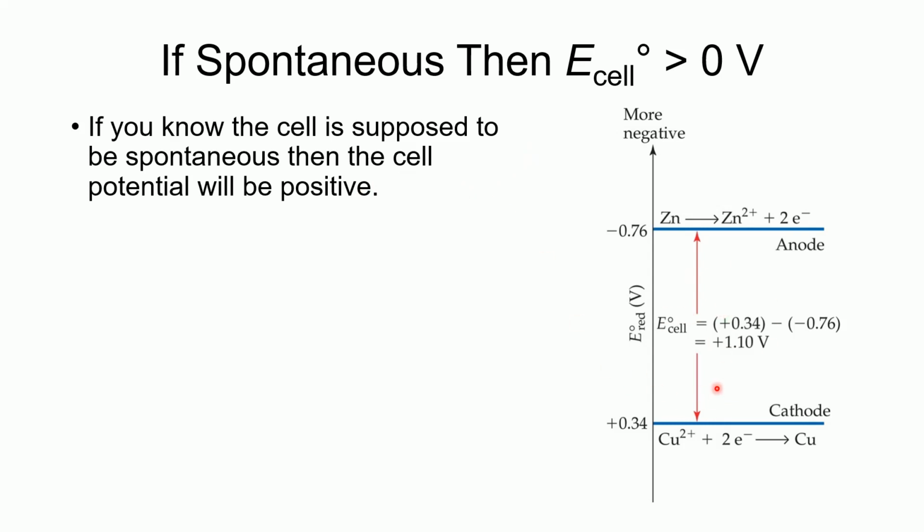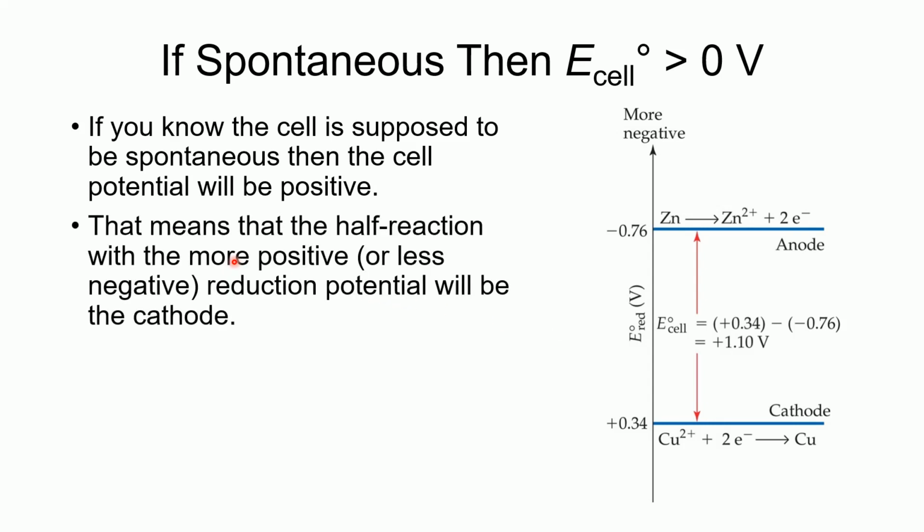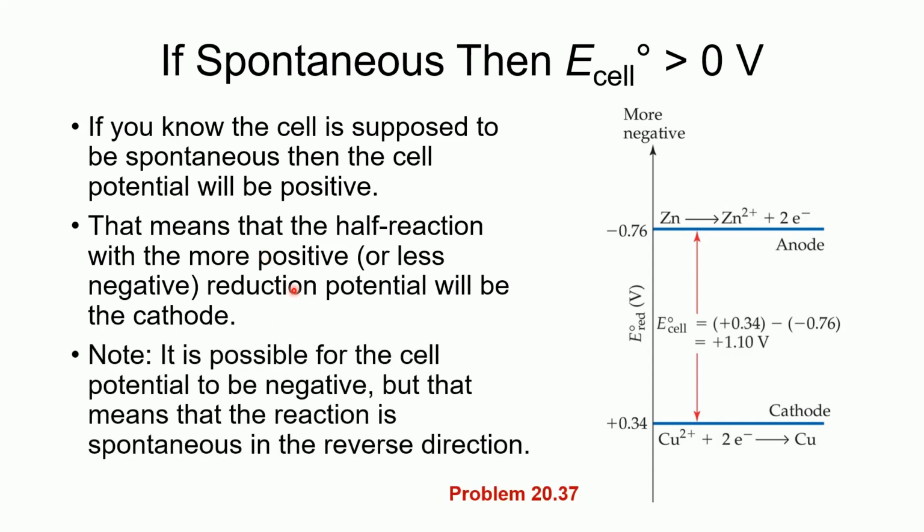When we look over here, that means that in order to make the cell potential positive, your cathode needs to be the more positive or less negative reduction potential. As we saw with the calcium and the aluminum, that one we just had, the aluminum was the less negative reduction potential. But it's either the more positive or the less negative reduction potential.